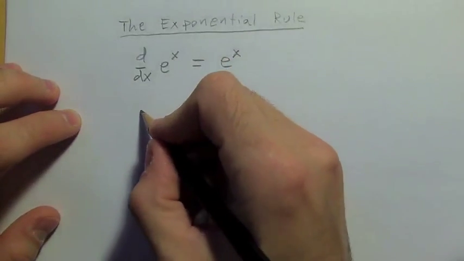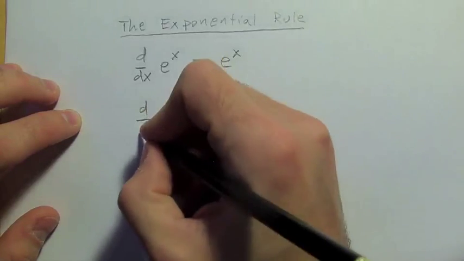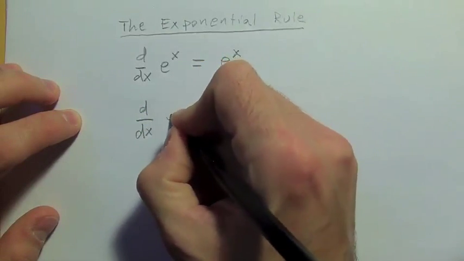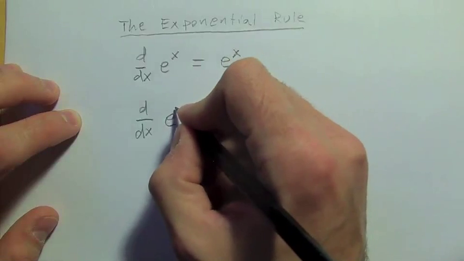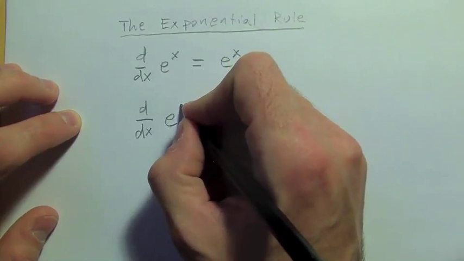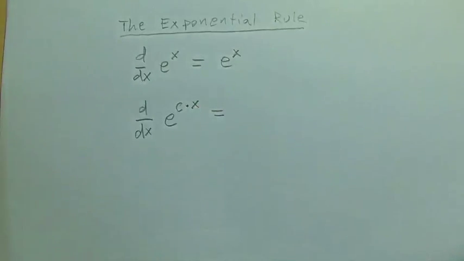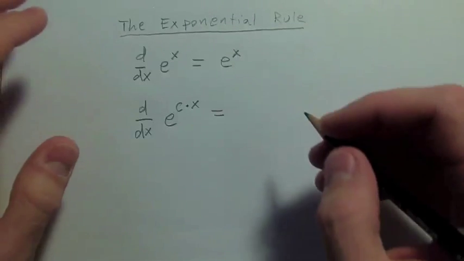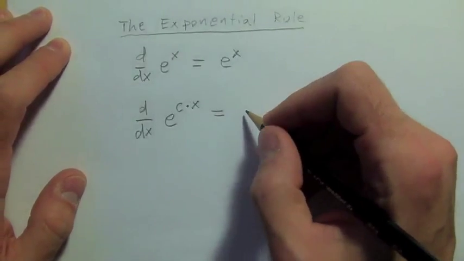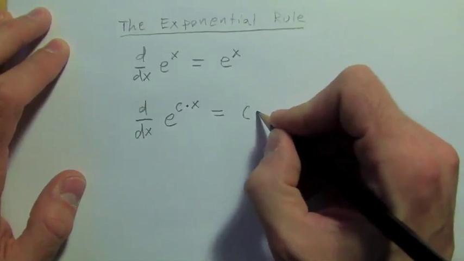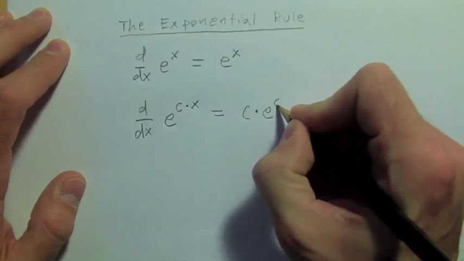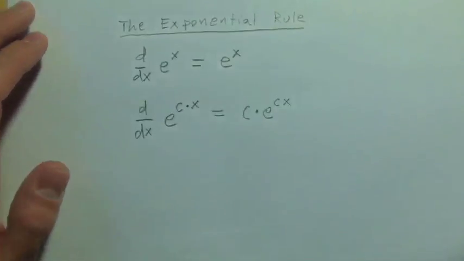We can extend this to e to anything, so I'll say a constant times x. If we have a constant times x in the exponent, we actually end up getting that the derivative of that is that constant c times e to the cx.